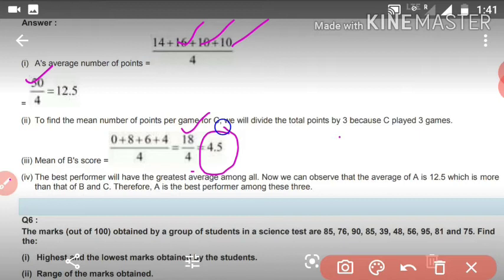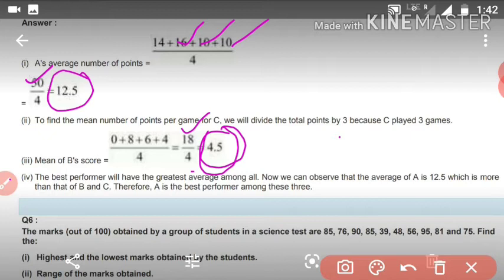Now the fourth question was the best performer. Now you can see the mean values. Here A's mean is how much? 12.5, and for B how much? 4.5, and for C it will also be less than A. The best performer will have the greatest average among them.